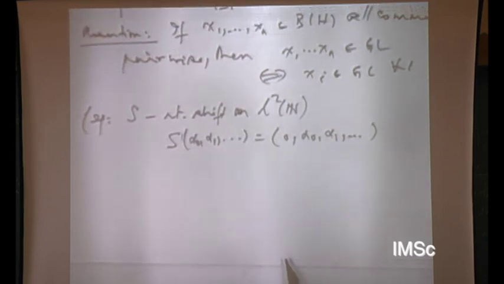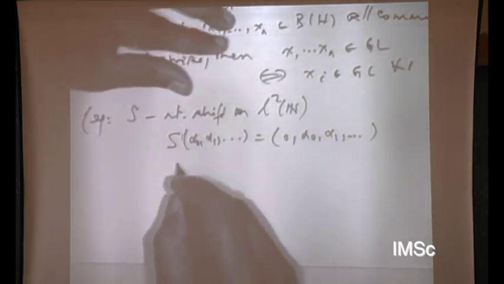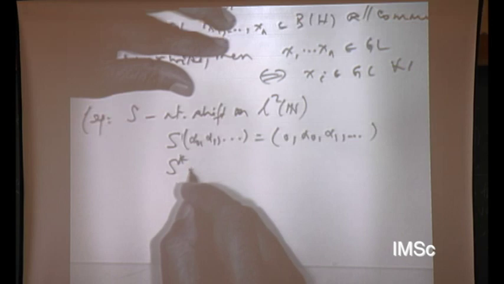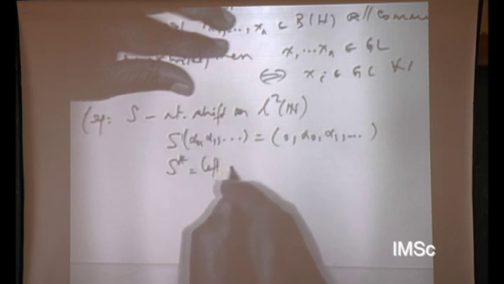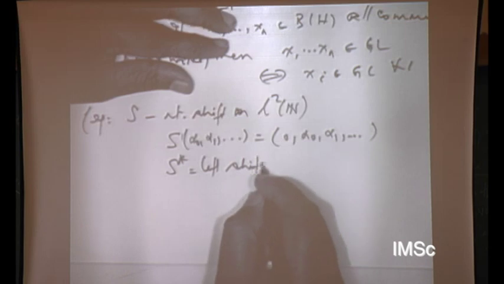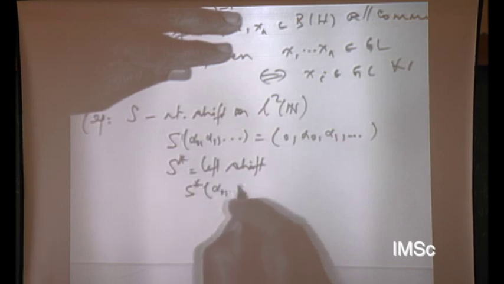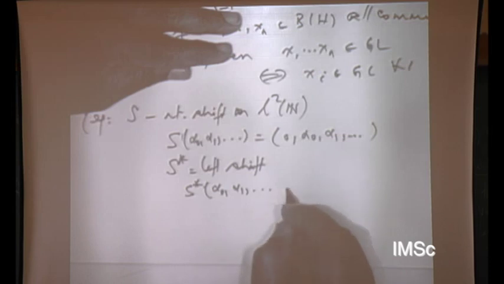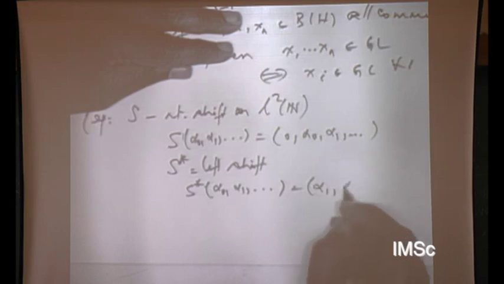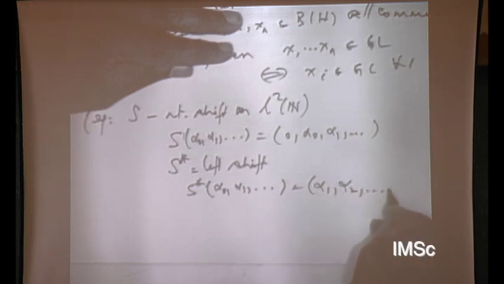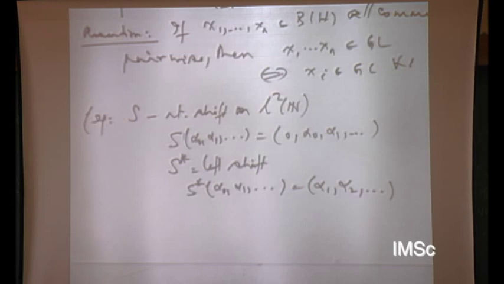And in Hilbert space one has an adjoint operator. One can see that the adjoint operator is the left shift. This is the one that kills the first coordinate and then sends the sequence to the left.